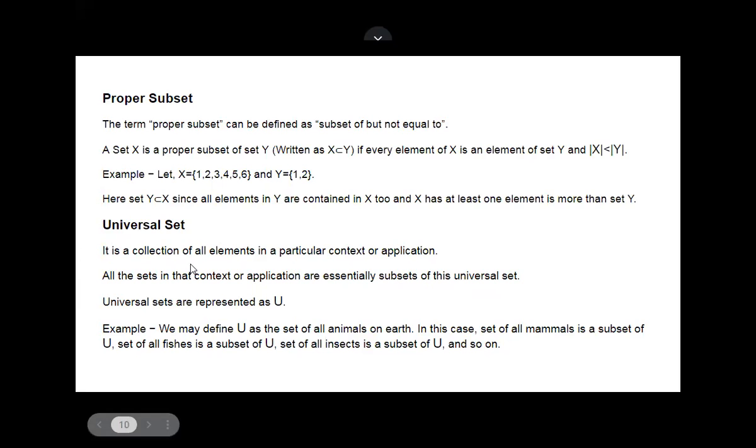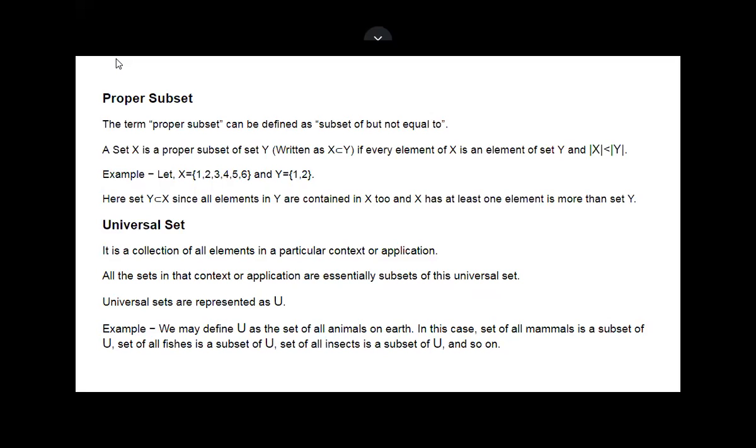Then universal set is there. It is a collection of elements in a particular context or application. Means if suppose we take the set of our body parts, set of body parts, then set of our sense organs will be the subset of that universal set.